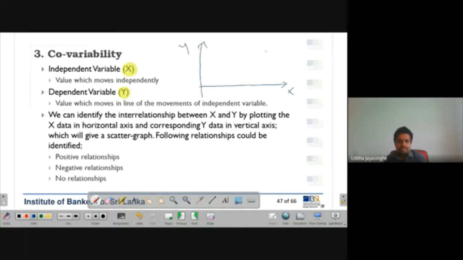Even for this height and weight, you can still call one the independent and the other the dependent, and do the same exercise. Importantly, you put a 0 at the starting point.